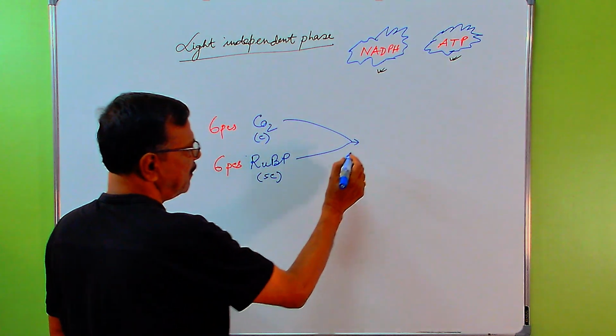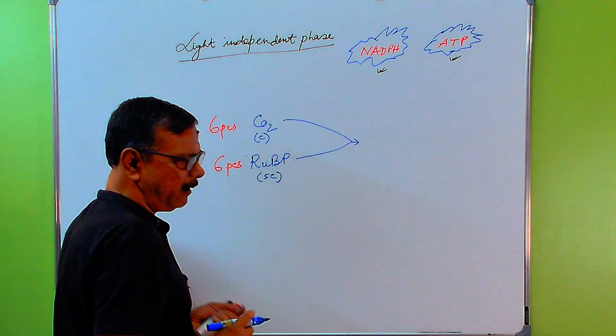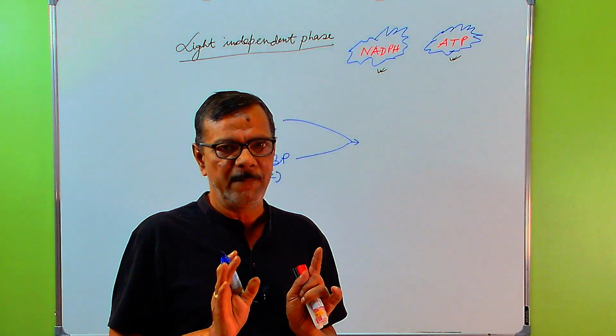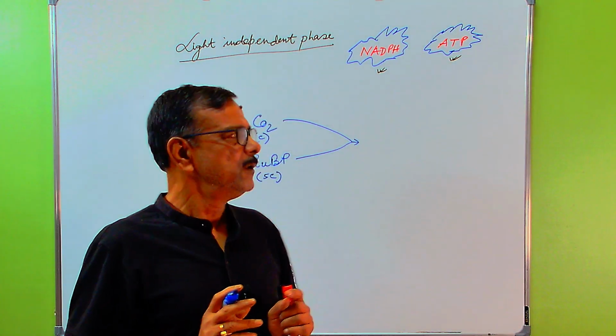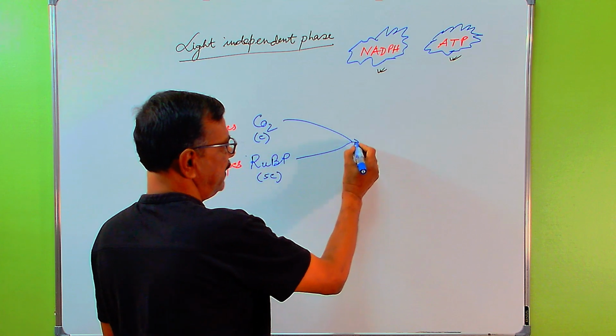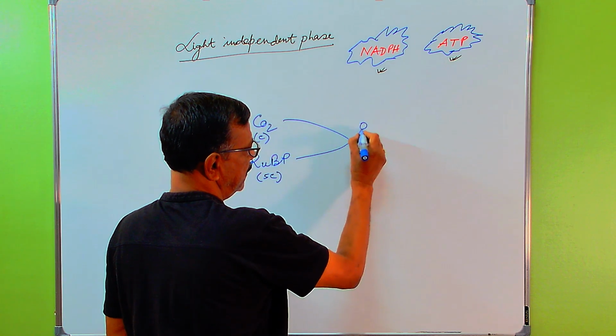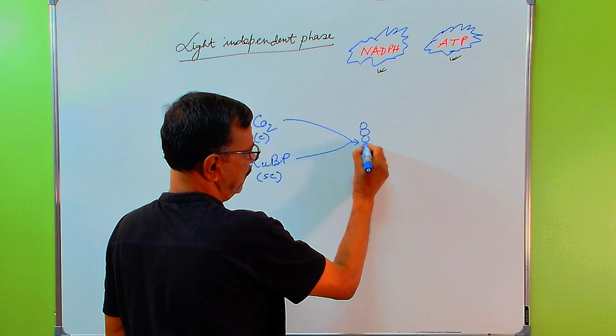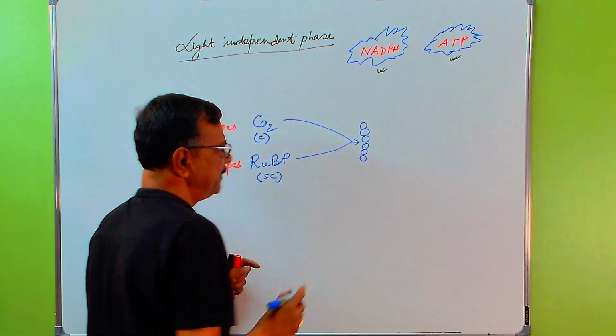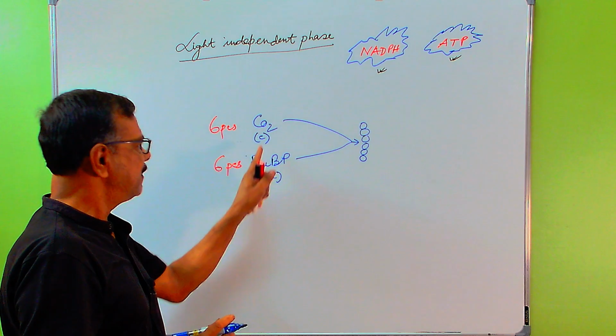A 6 carbon compound is not stable. 1 2 3 4 5 6, 5 C here, 1 C here.